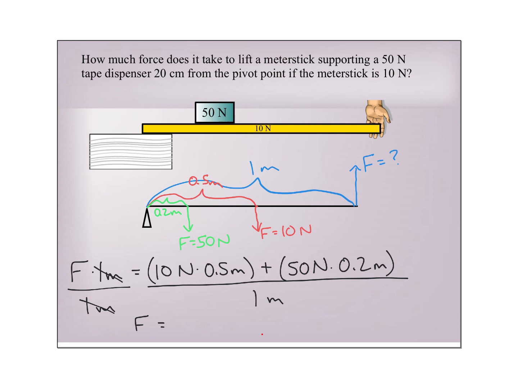10 newtons times 0.5 would be 5 newton meters plus 50 times 0.2, which would be 10 newton meters.